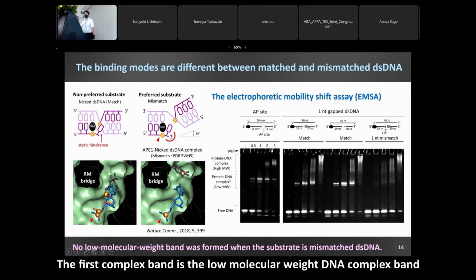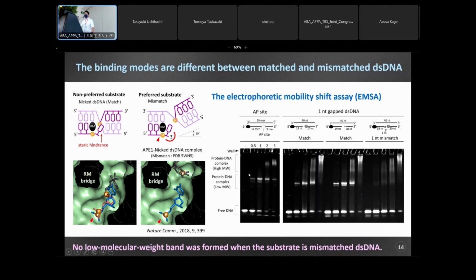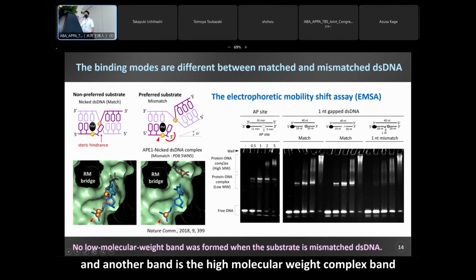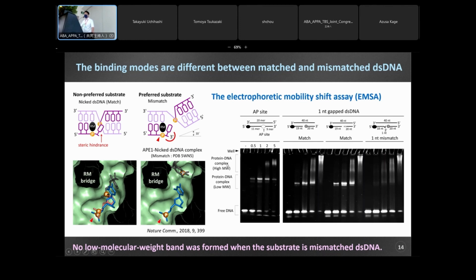The first is a low molecular weight protein-DNA complex band, and the other is a high molecular weight complex band. But when the substrate is mismatched DNA, we can only observe the high molecular weight band. It means that the binding mode is different. The experiment proves our hypothesis indirectly.